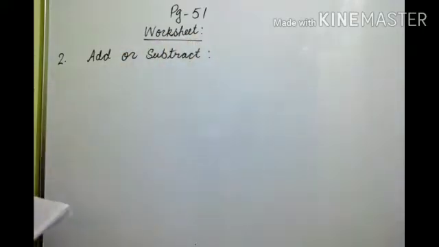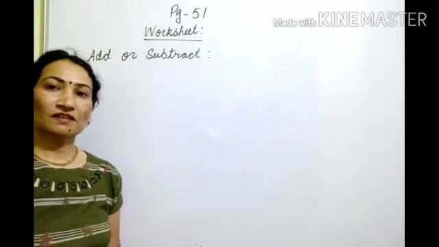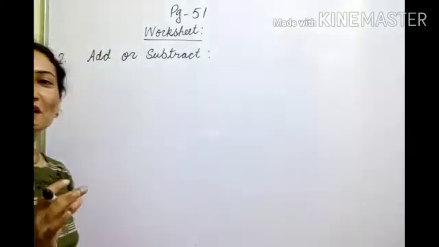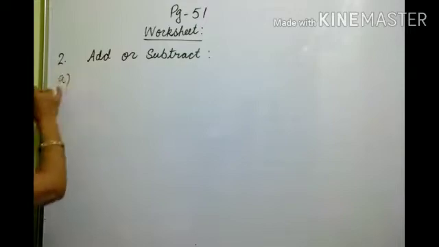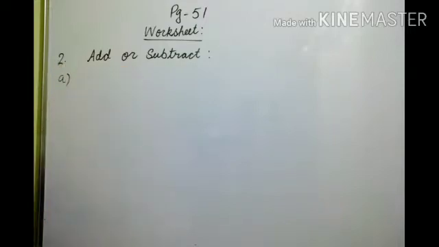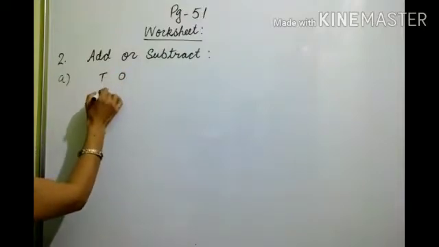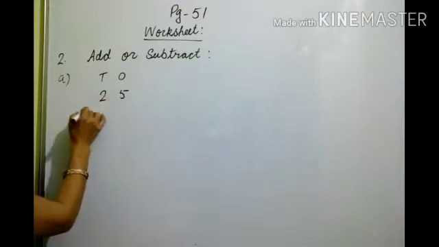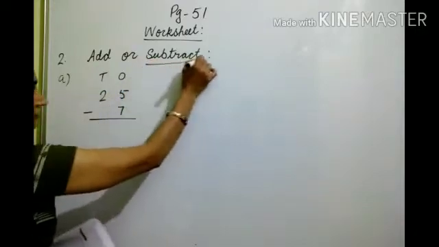Here are mixed questions of chapter 2 and chapter 3. In some questions we have to add and in some questions we have to subtract. So for question number 2, A part, we will see what sign is used in the question. 25 minus 7 means we have to subtract.